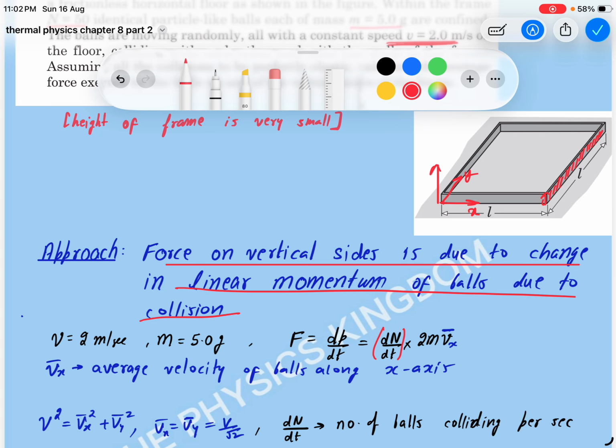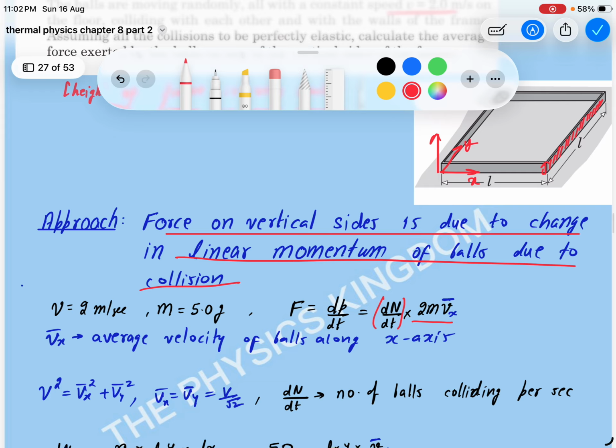So number of collisions per second into 2 m vx. The same thing I have derived in my theory lecture also, in the high end models, where I derived how we can find the pressure exerted by molecules on the wall of a container. You can see that lecture for in-depth information about different cases associated with it.